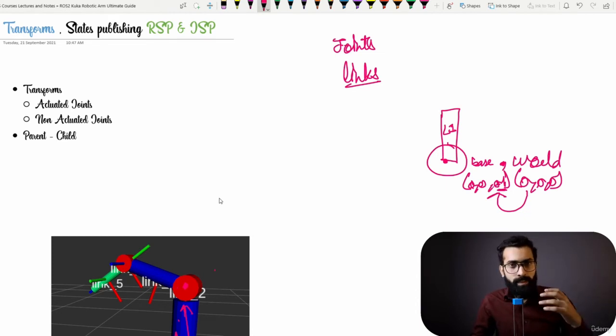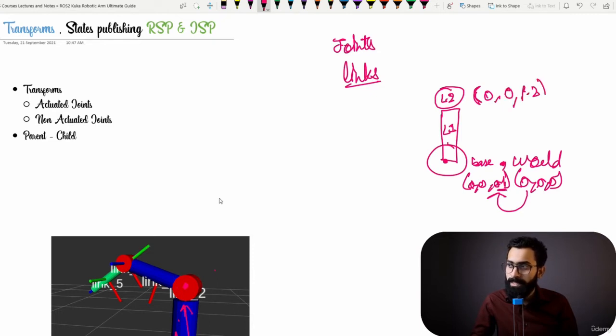Now the whole of the robot structure is produced with the same strategy. Link number 1 is on the base. There is no difference in their origins, the place where they are placed. But we have this link number 2, which is a joint and it rotates along a certain axis, but it is located at a point of 0 in x, 0 in y, and 1.2 in z-axis.